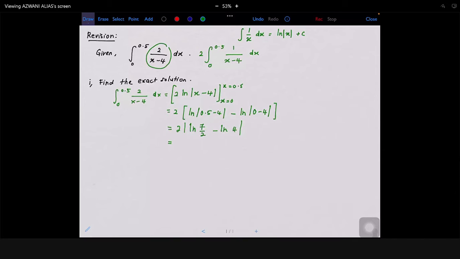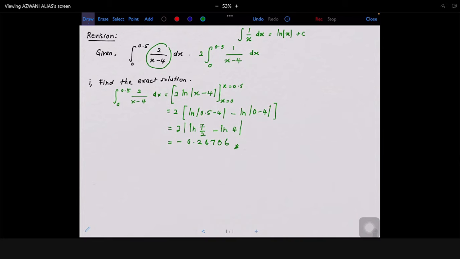Yes. Yang lain dapat tak? Dia dapat negatif 0.26706. Saya ambil up to 5 decimal places. Okay. 0.26706. Dapat? Aisyah, Alia, Fatin, semua dapat tak? Alright, good. Okay. So this is the exact solution.